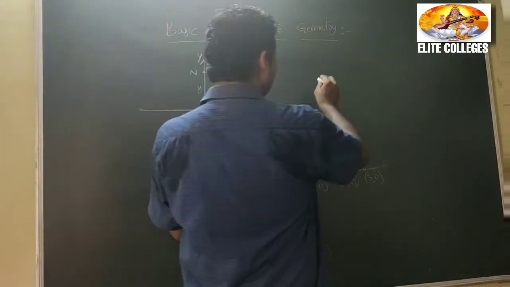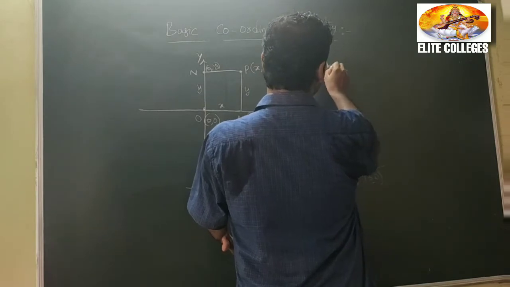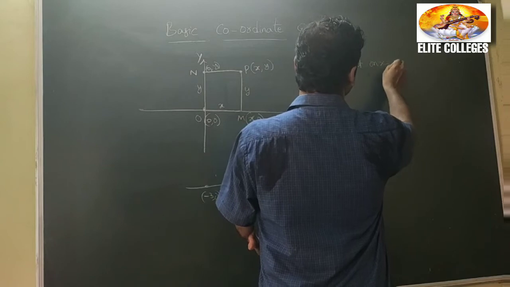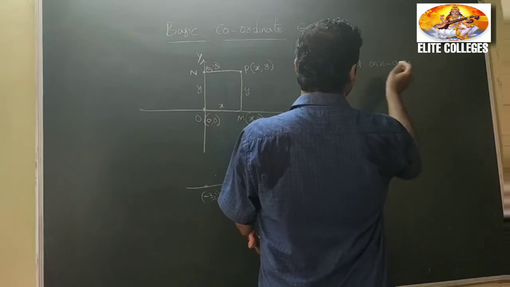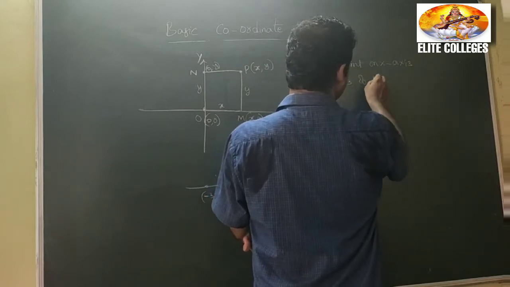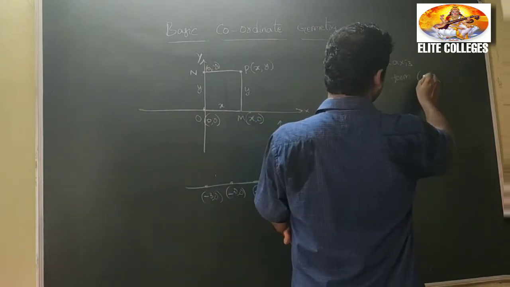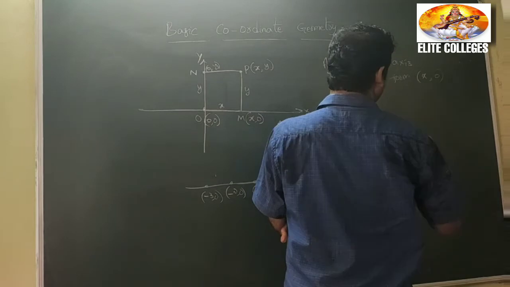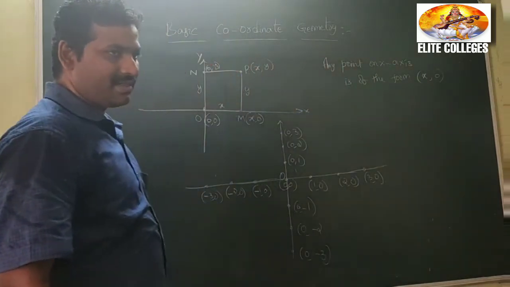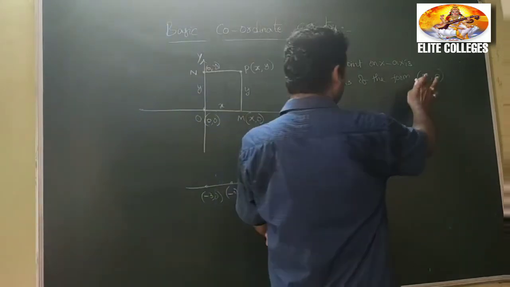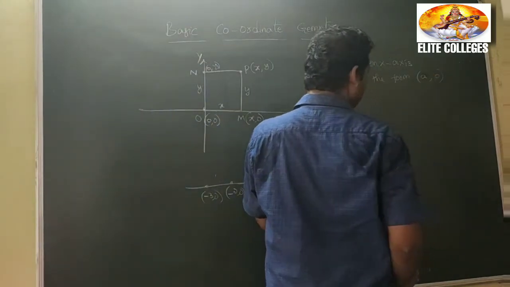That means what we can say, any point on the x-axis is of the form x comma 0, or some a comma 0.